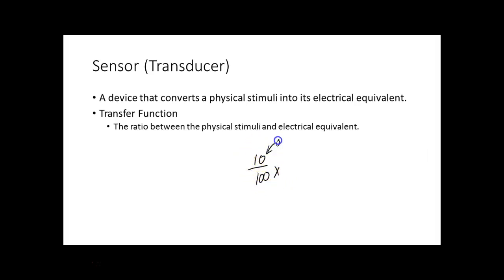So on a transfer function, this is the out, this is the in. We're putting in weight and getting volts out, right? Understand? So I'd say the transfer function would be the out over the in. So this would be in pounds, this would be in volts, right? You understand? And then we have what we call a transfer function. So what would that be? What's 10 divided by 100?